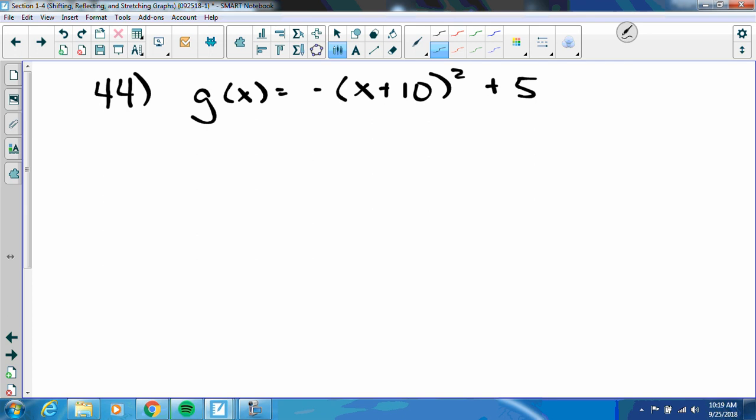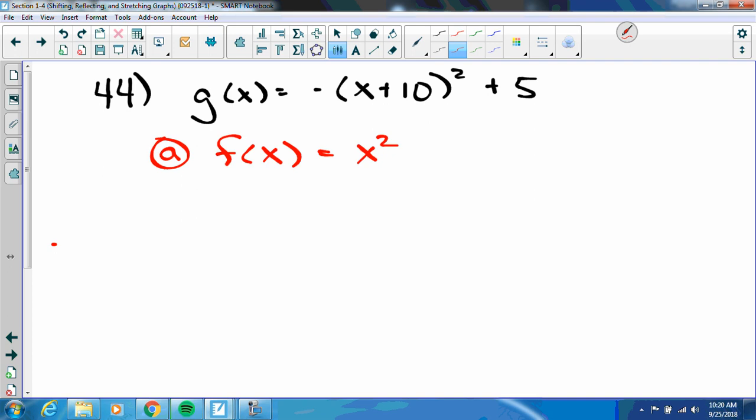What is the parent function in this particular case? The squared function, the quadratic, yes. f of x equals x squared. So for part A, f of x is our parent function, right? That equals x squared.